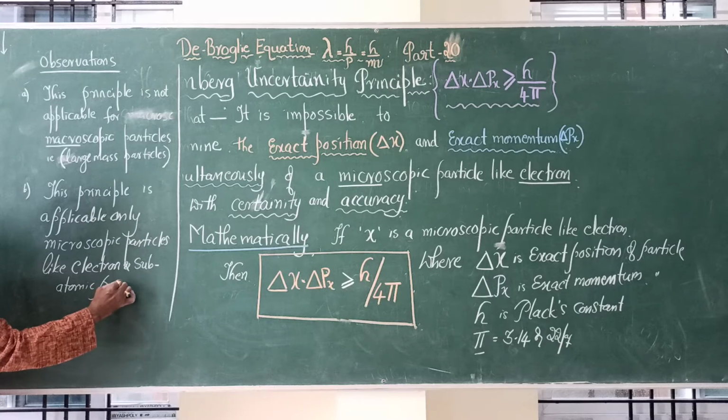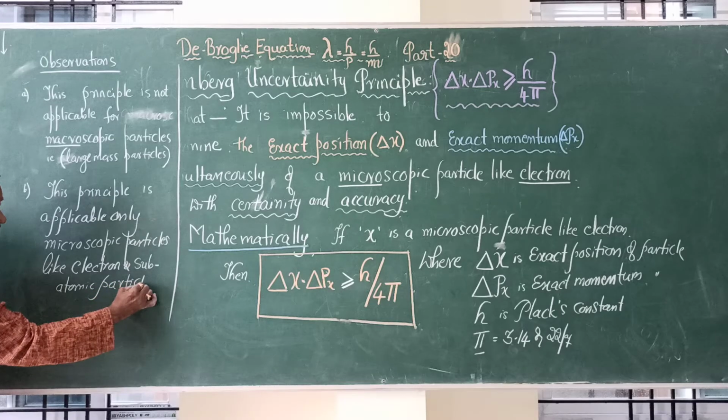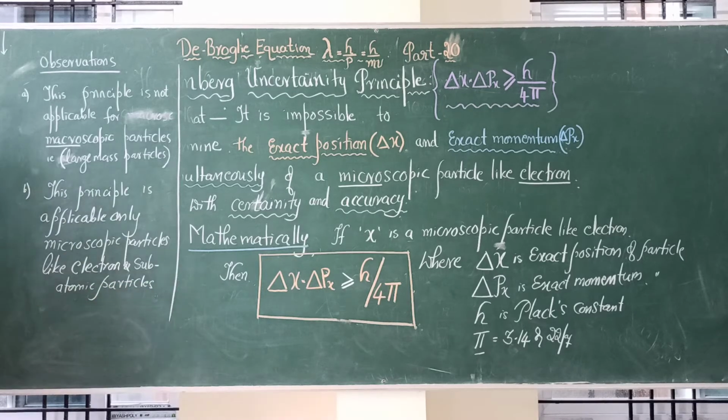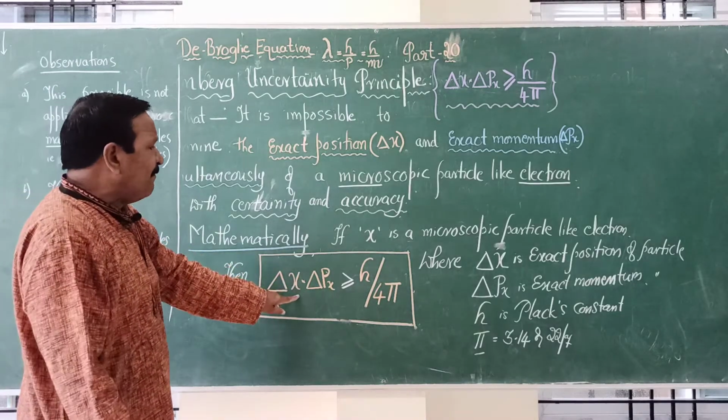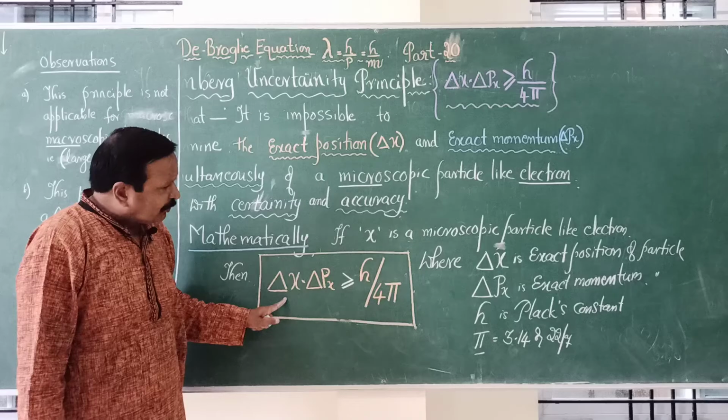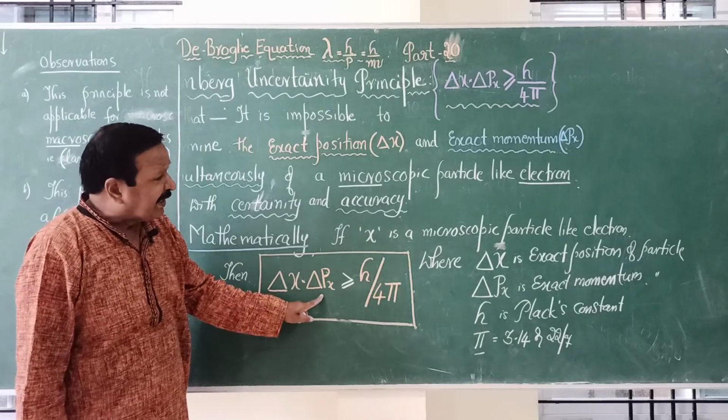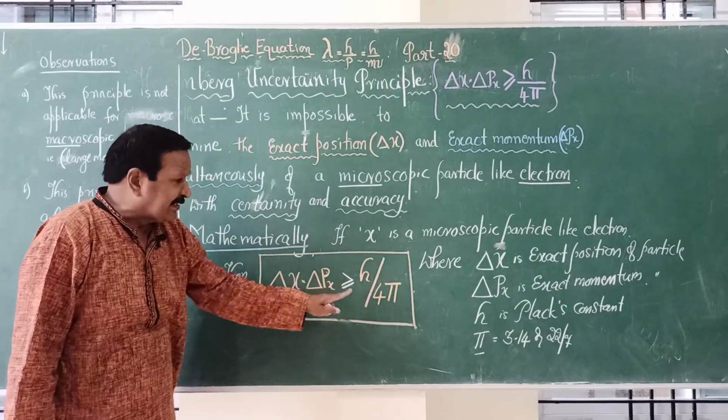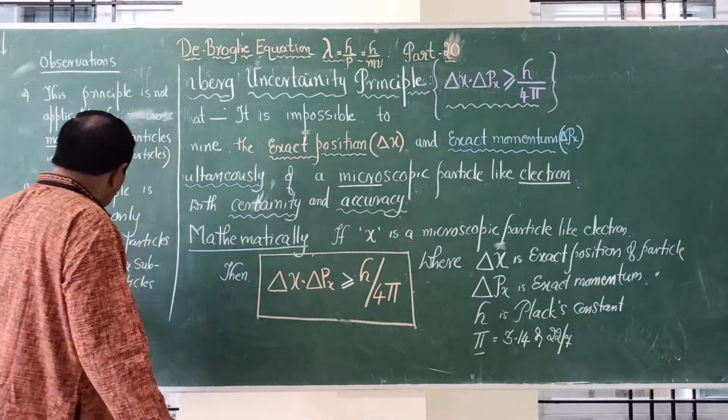Actually, an atom itself is small, and subatomic means still smaller. Once again, the same problem, the exact position multiplied by exact momentum. Once again, mass will come here. I will show it to you.